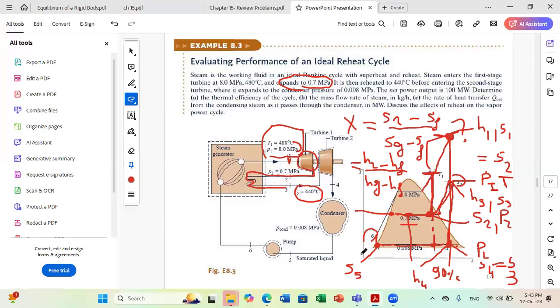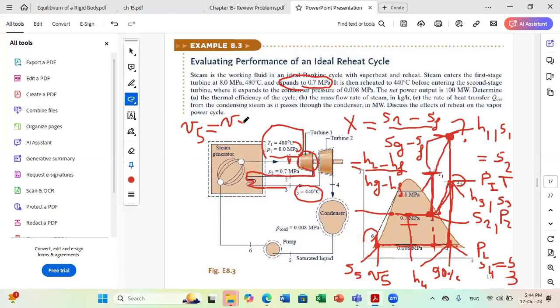We can use another approximation, knowing the specific volume at point 5. We always say that for a liquid, we can treat it as incompressible. The specific volume will not vary between 5 and 6. So V5 is equal to V6.